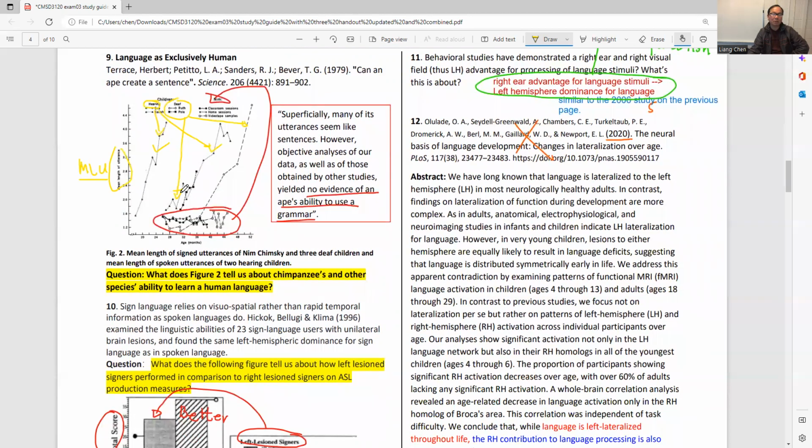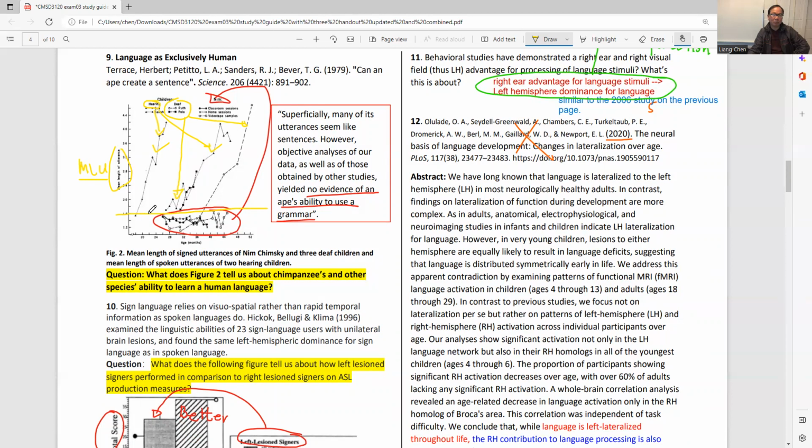We see that for the deaf children and hearing children, all four children, you see improvement of the language skills as measured by MLU.